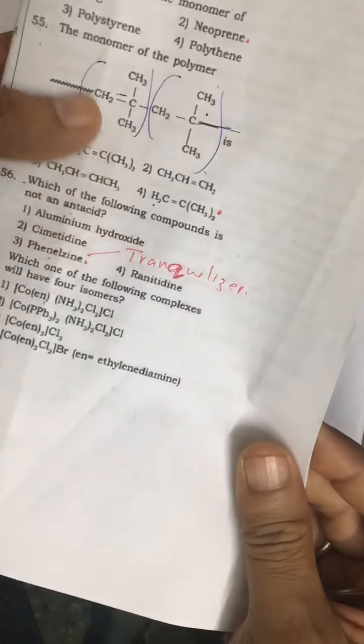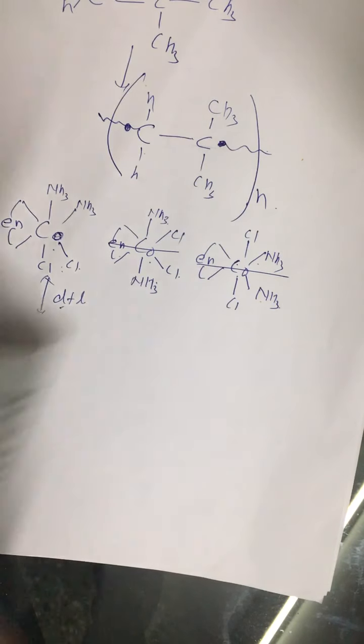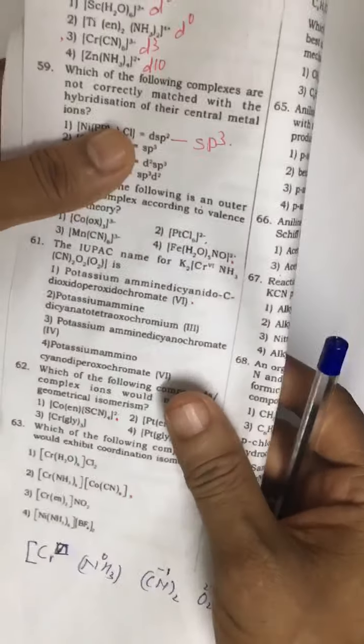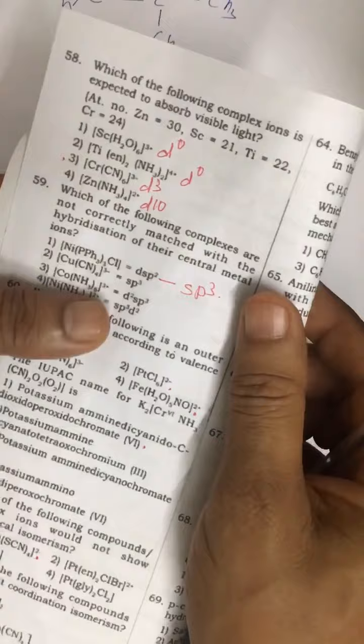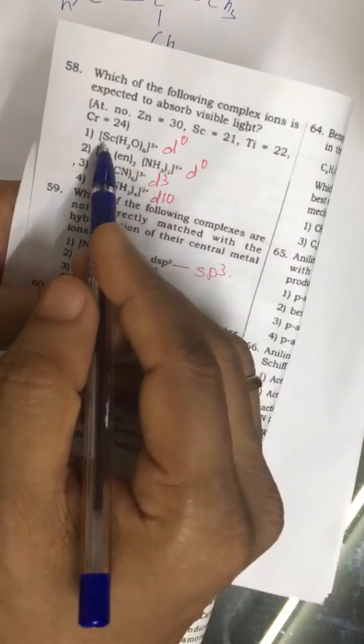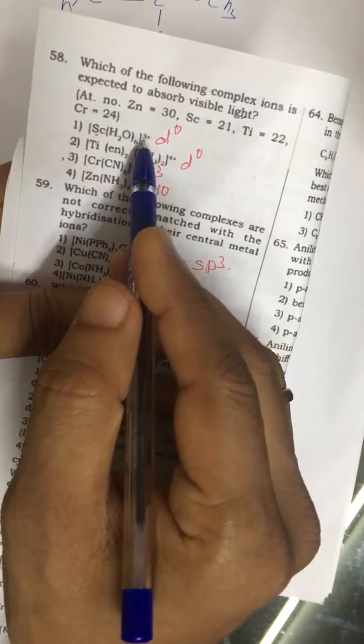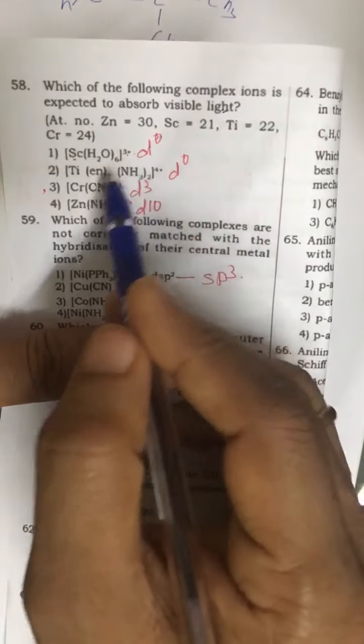All right, 58. Which of the following complex ions is expected to absorb visible light? In scandium, this complex, scandium 3 positive, it is in scandium 3 positive state, d0.